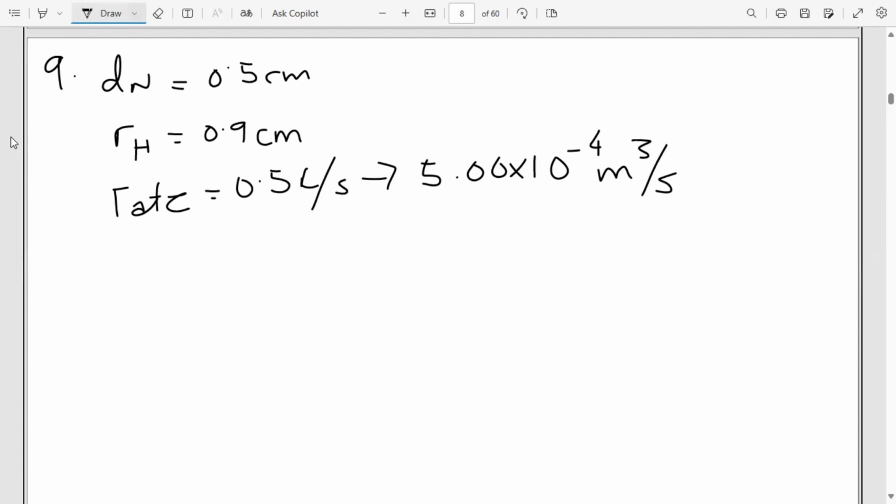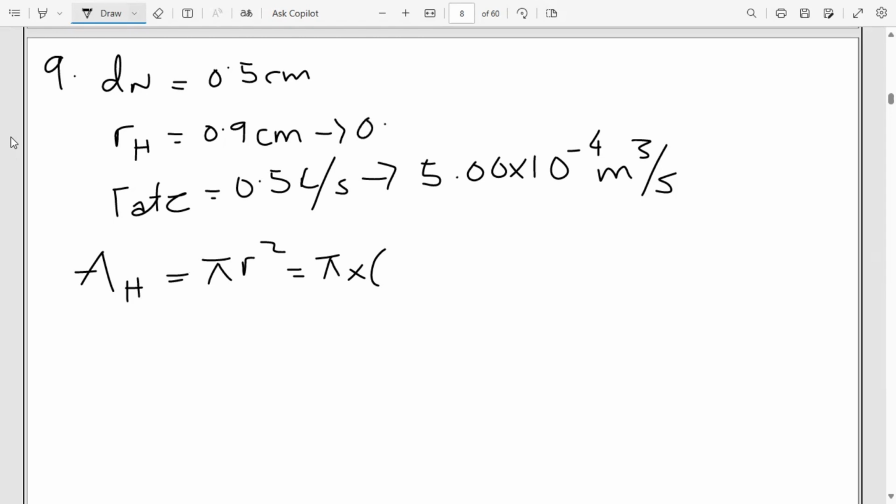We'll start with the hose. I want to find the cross-sectional area of the hose. Since this is a circular hose, area is going to be equal to pi r squared. This will be equal to pi multiplied by the radius, which is given in centimeters, and we're going to convert it into meters by dividing by 100.